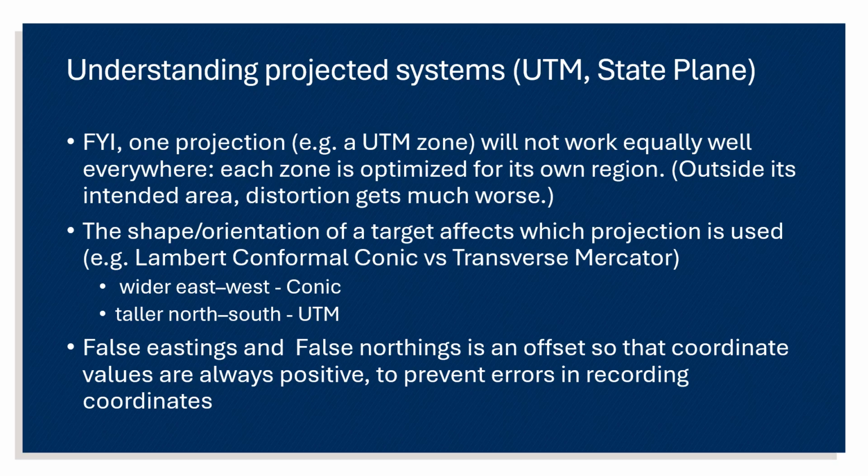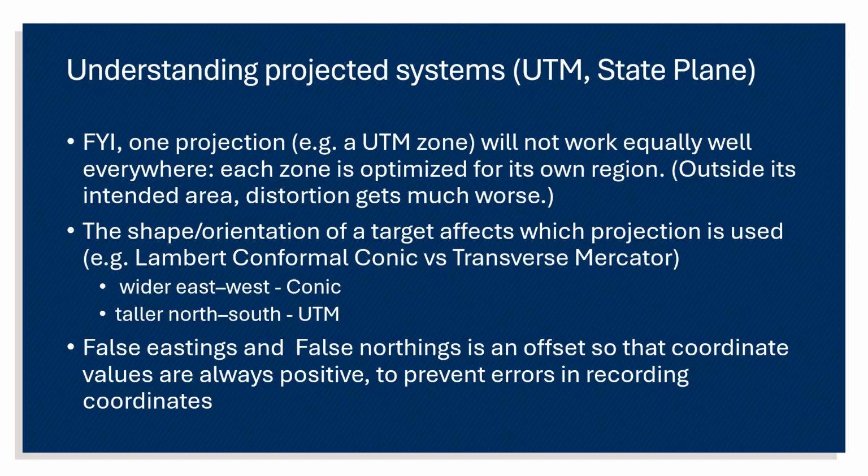Now, what we can do is think about the shape and the orientation of the thing that we're trying to map, the thing we want to look at, because that affects which projection is used, whether we use something like a Lambert conformal conic or some sort of a transverse Mercator like the UTM.